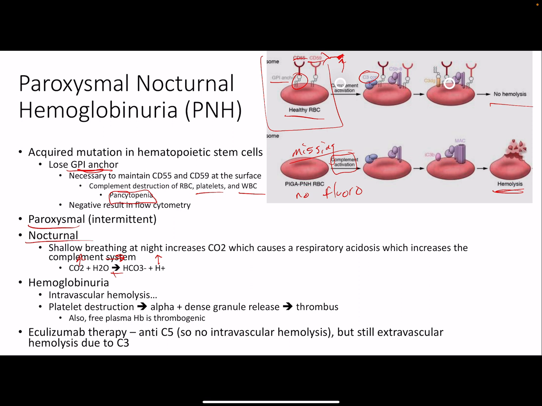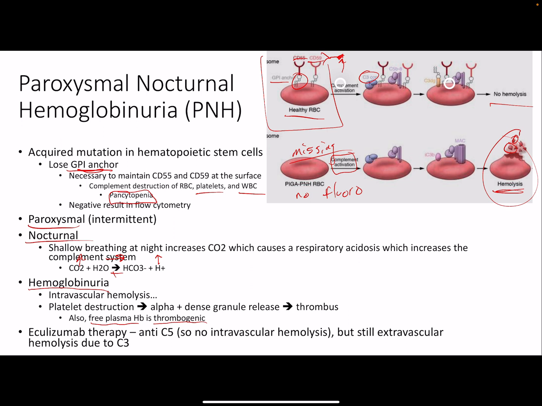The red blood cells lysing, as we see here, means they're spilling their guts. And this is intravascular hemolysis, which we said is the worst one. That free plasma hemoglobin is particularly thrombogenic. So you're getting this specifically because the hemoglobin is going to be released into the bloodstream.